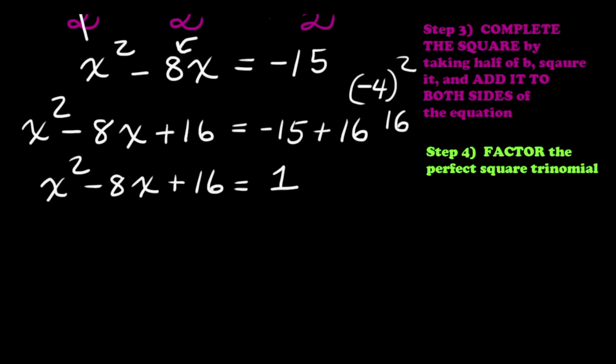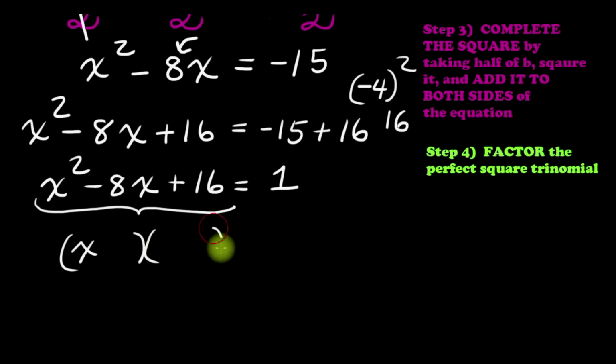Step 4 is to factor the perfect square trinomial. So this right here is a perfect square trinomial. So we are going to factor that into x minus 4, because we need two numbers that multiply to get positive 16, and when we add those two numbers, it comes out to negative 8.